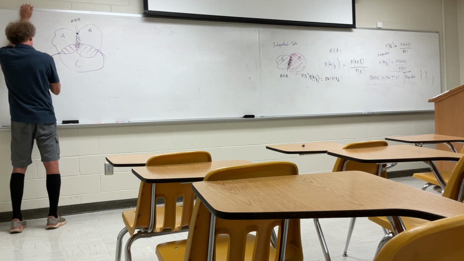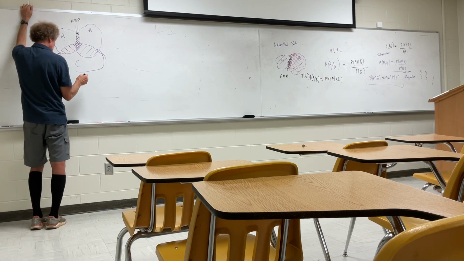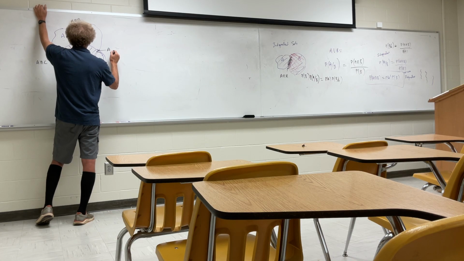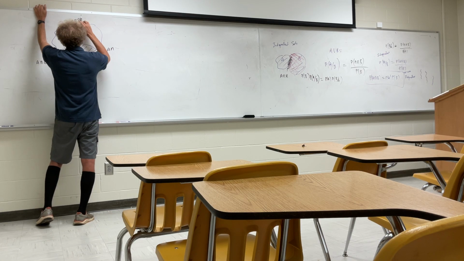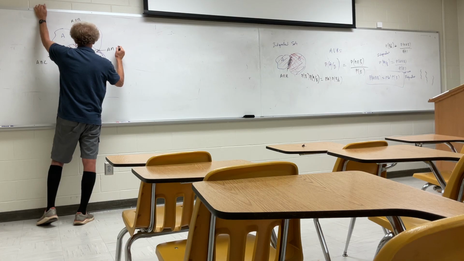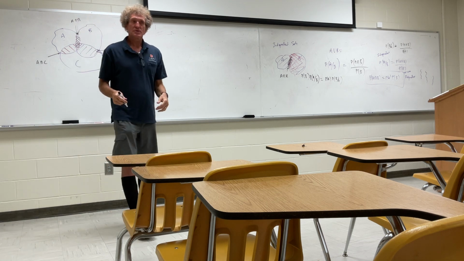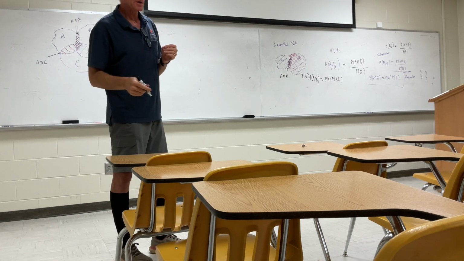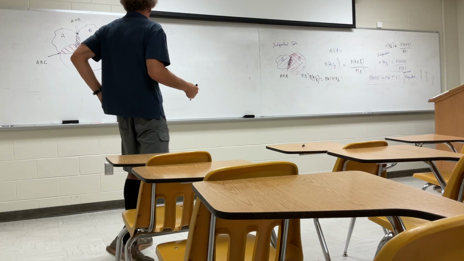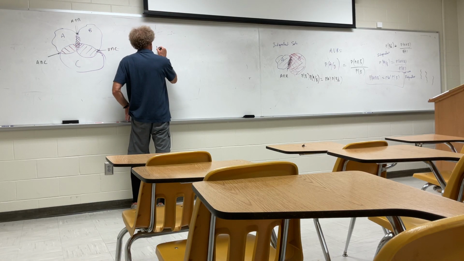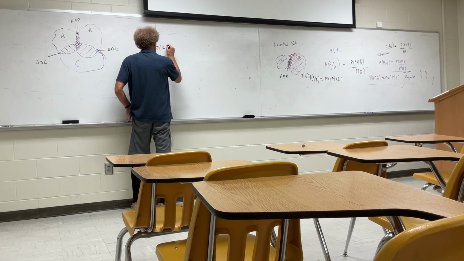This is A intersect C. And this one is B intersect C. Okay. Now, try to do this, just reason with yourself. I want to know how to get the probability of A union B union C.